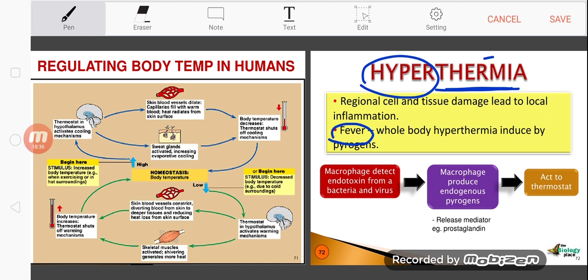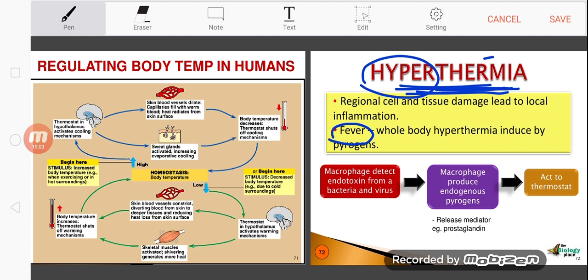Or when we are exposed to a very hot environment, it can eventually cause heat stroke. Before we get heat stroke, the body is in a hyperthermia condition. In hyperthermia, regional cell and tissue damage lead to local inflammation. The simplest example is fever, a whole body hyperthermia induced by pyrogen.